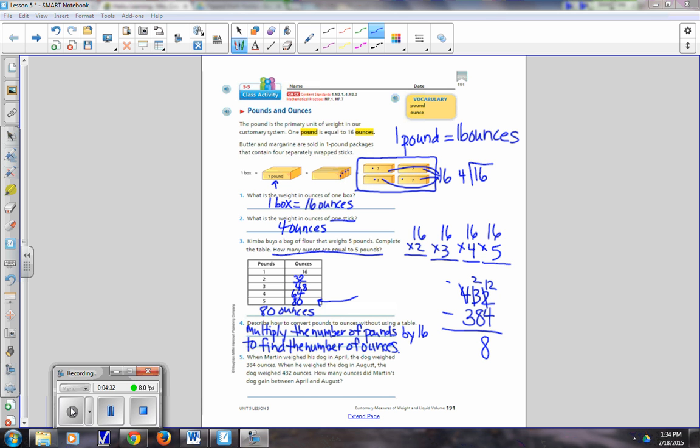Can't take away 2, so 12 take away 8 is 4, giving 48. Now what if I wanted to know how many pounds that is? You might divide 48 by 16. We've already done this up here, so we know that 16 times 3 equals 48.